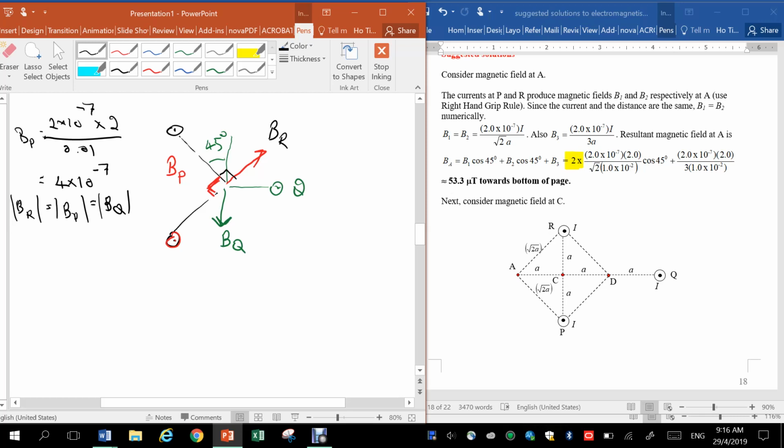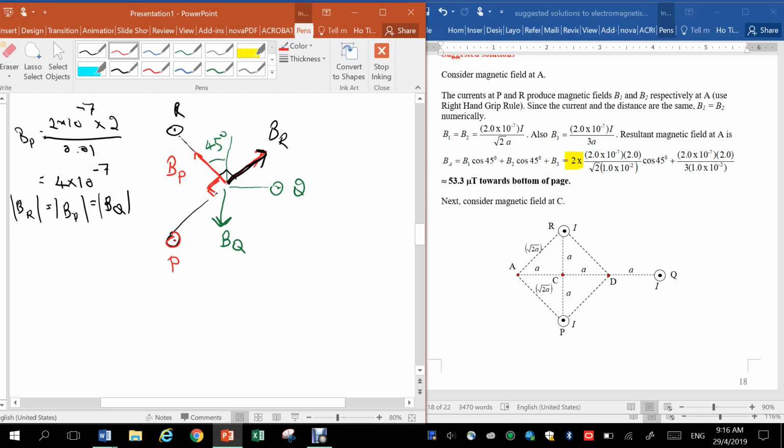So all we have to do now is to decide whether the upward pointing vectors, which are BP and BR, right, oops, this should be red, this is the one due to P, this should be black, this is the one due to P. Just need to decide whether the upward pointing vectors are the same.